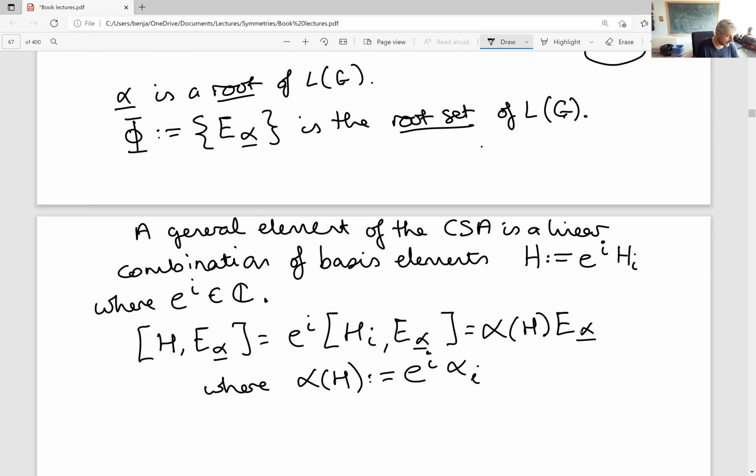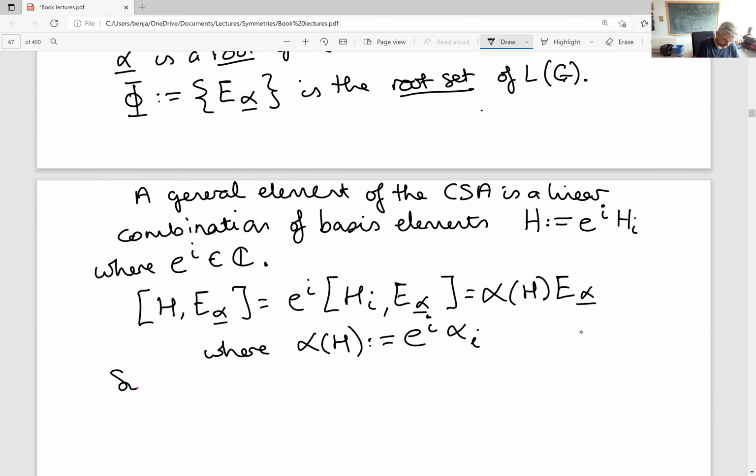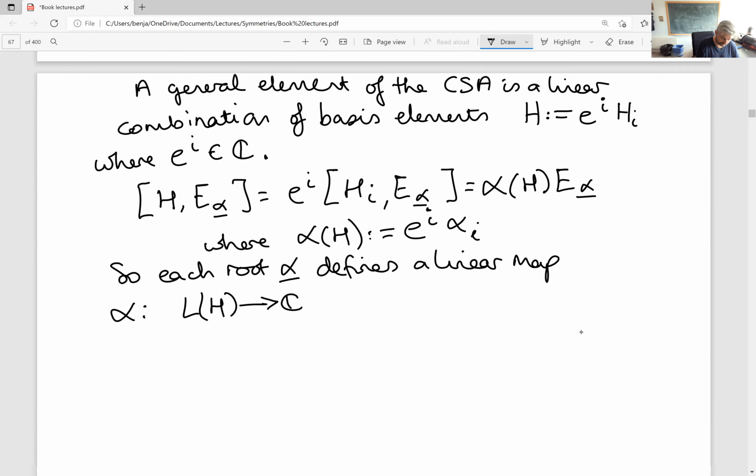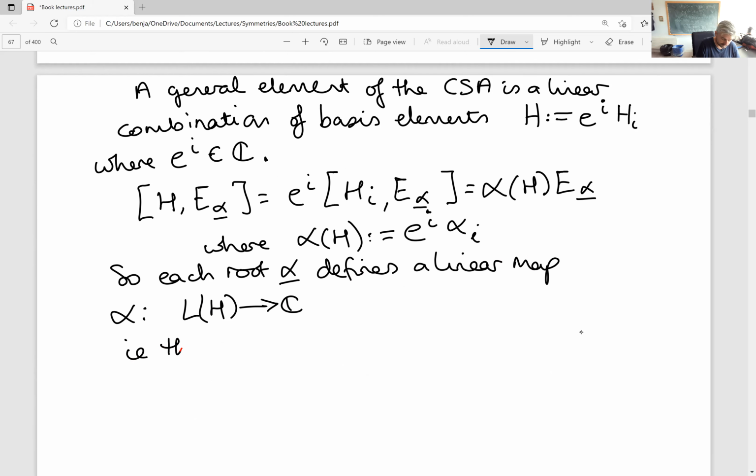So each root defines a linear map to complex numbers from the Lie algebra. It takes us from the Cartan subalgebra H to some complex number, this α(H). So in other words, the roots are elements of the dual of the Cartan subalgebra.